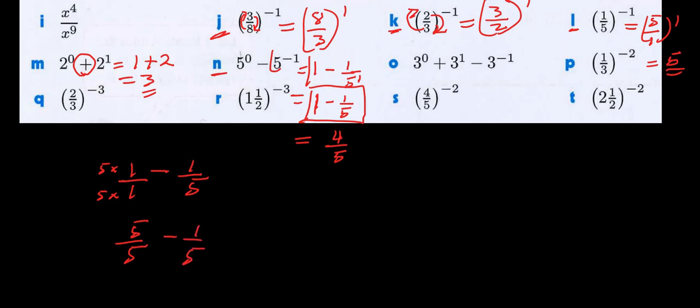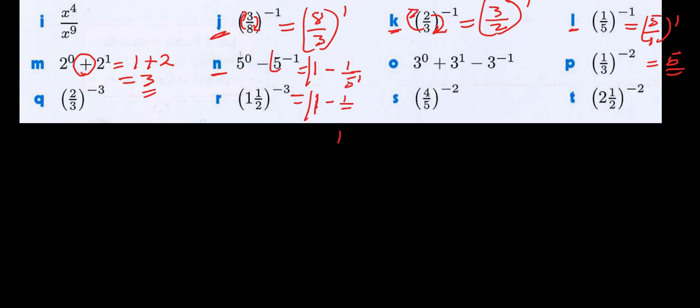Once you have the same number at the bottom, or you have a common denominator, then you write 5 minus 1 over a single denominator, which will now give you 4 over 5. So this is it for this question. I hope it is clear. This is just a slight deviation from the main topic, but I just want to show you how we got 4 over 5. All right, so next we have question O.